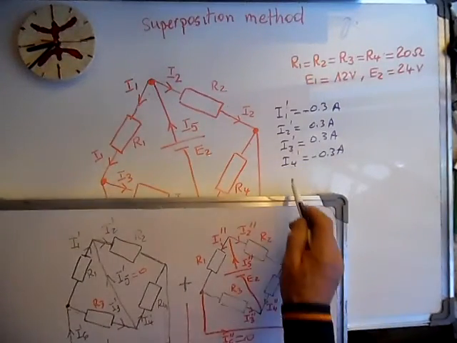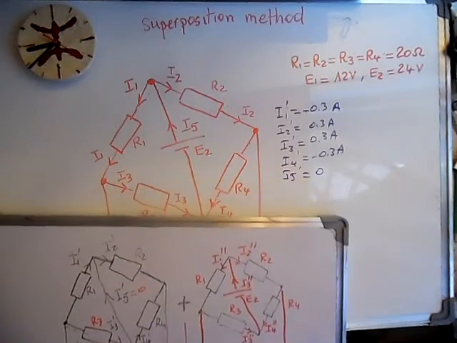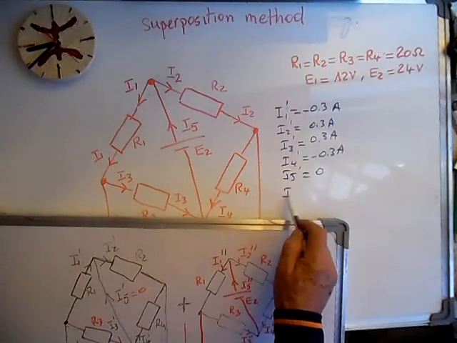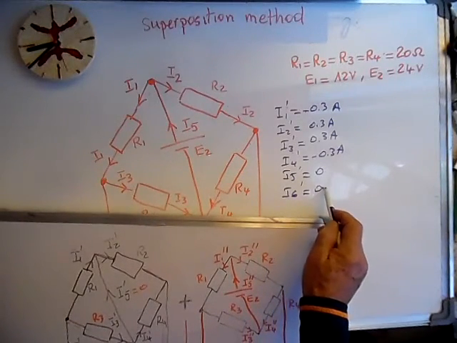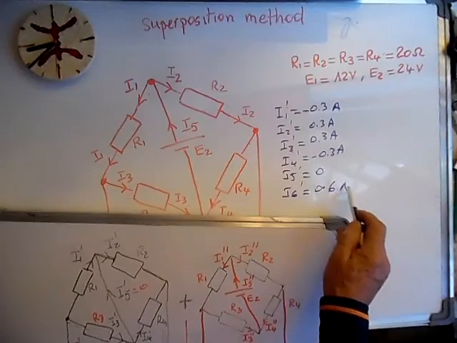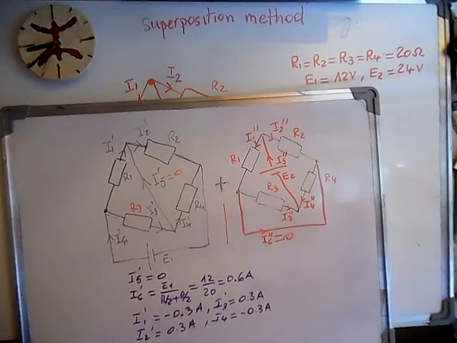I5 prime is equal to 0. I6 prime is equal to 0.6 amps. Okay, let's now go to the other circuit.